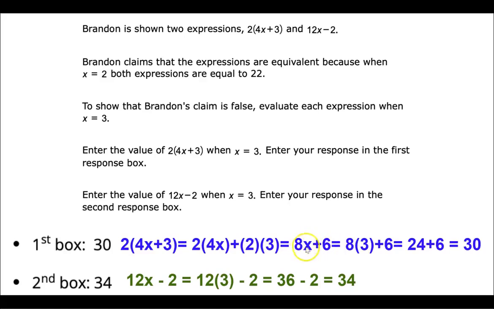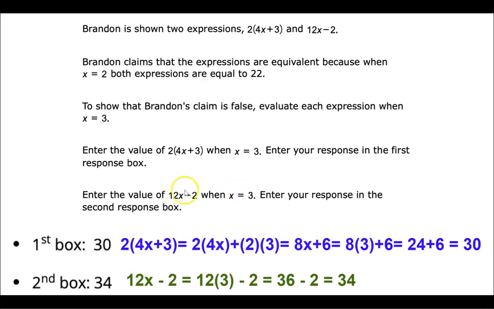Now you can plug in the value of 3 for x. So 3 times 8 is equal to 24, and you still have that 6 remaining. So 24 plus 6 is equal to 30. That is how we get 30. Now for the other expression, we have 12x minus 2, which corresponds to the same expression.